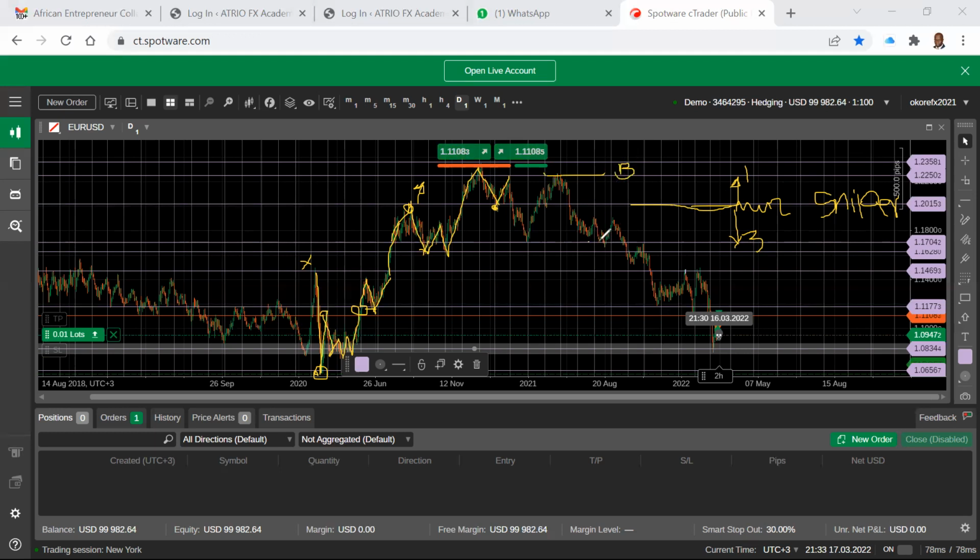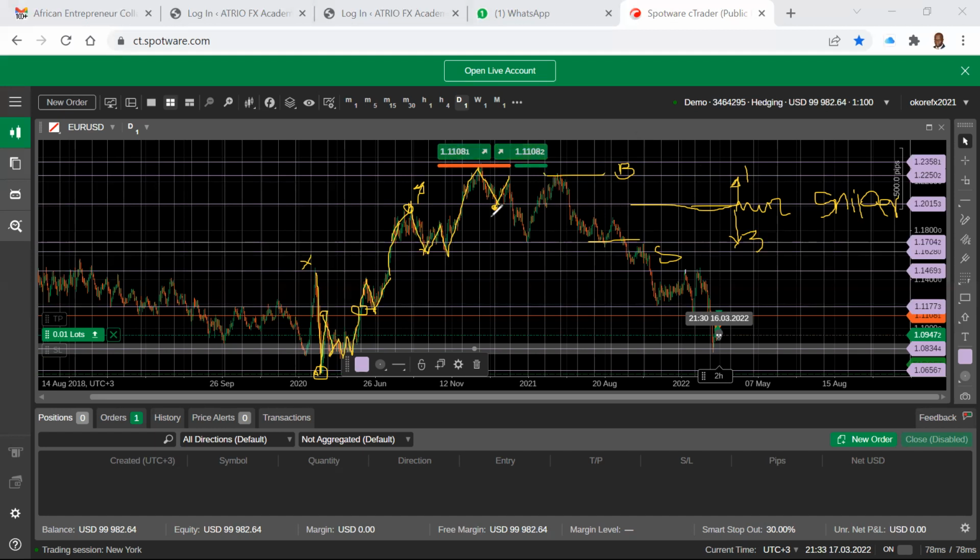Or if it goes down here, I'm putting a sell there. So I don't really care whether it goes up or down. Whichever way it goes, I will make some money because I'm either buying or I'm selling. That's it. Okay. So there'll be all those strategies as we go on.